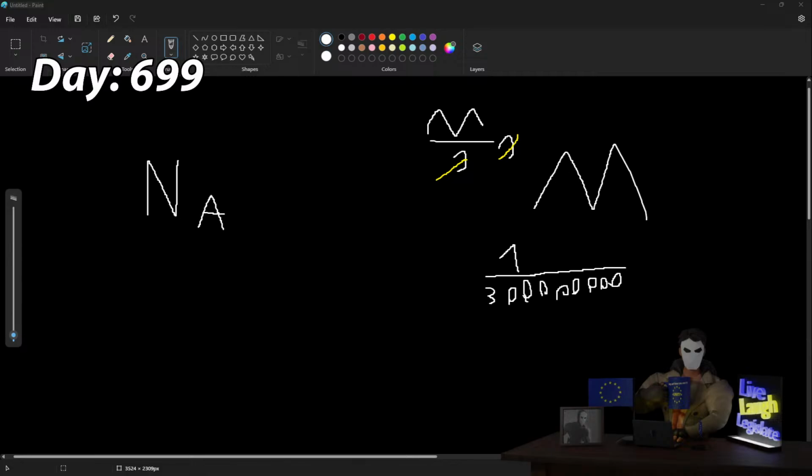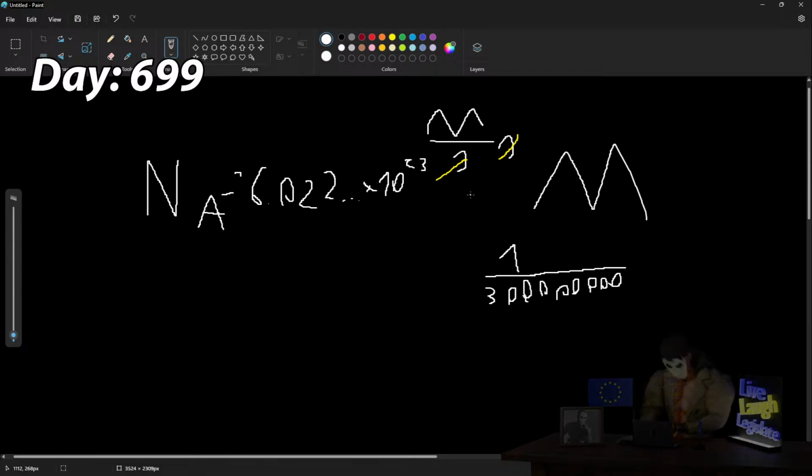Now let's talk about Avogadro's constant. What is Avogadro's constant? Oh, I'm so glad you asked. 6.022 times 10 to the 23rd. Avogadro's constant, cool. Now, what is the mole? How do we get the mole? Right here we use the physical constant of speed of light.